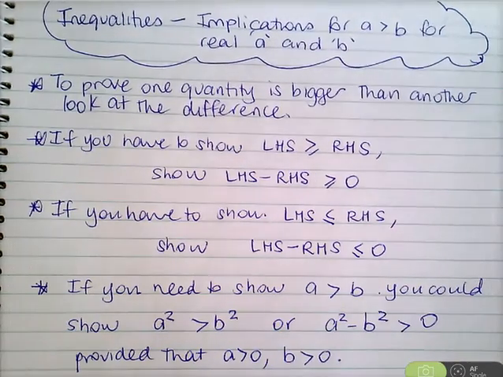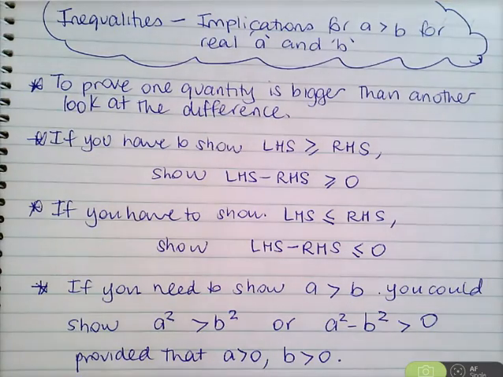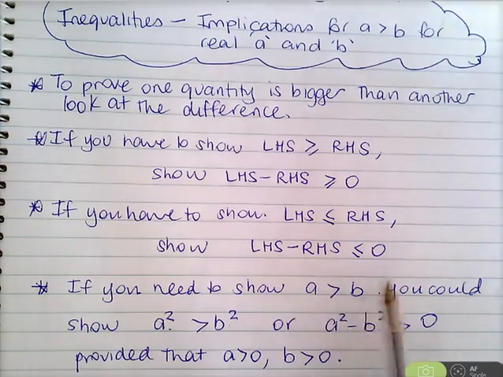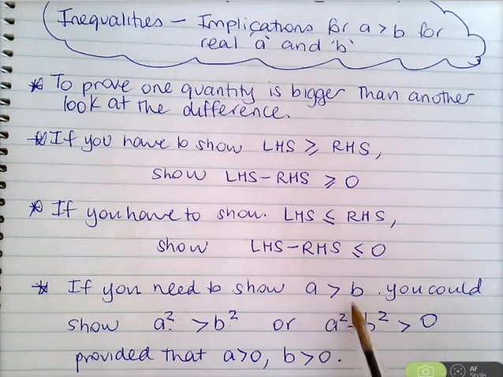In other words, that they are both positive, okay? This will be really handy if the expression that you've got contains a square root or a cube root sign. So if you are asked to show that the square root of A is greater than the square root of B, you would show that A is greater than B, okay?